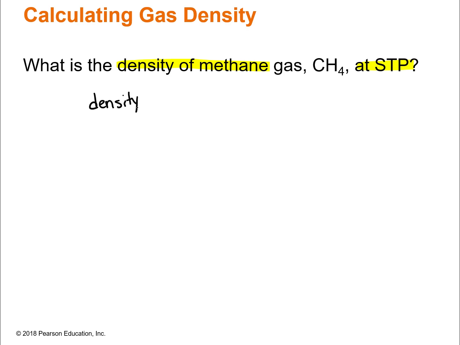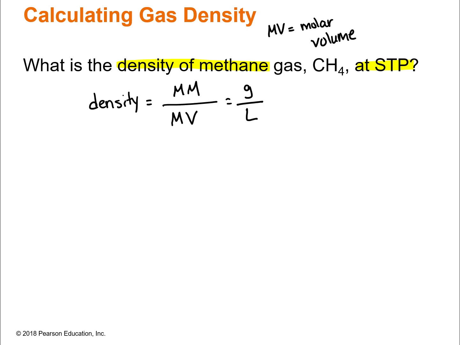The density is equal to the molar mass expressed in grams over the molar volume. I abbreviate that MV. And this will give us units of grams per liter.